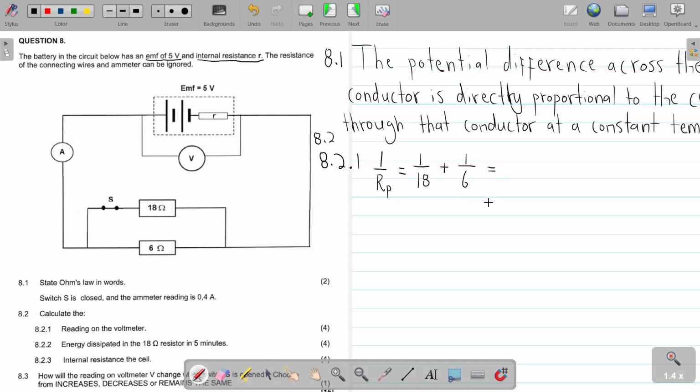So this will give us 2 over 9. So this is 1 over Rp. If we want Rp, we take the reciprocal, so it becomes upside down. So Rp will then be equal to 9 over 2, which is equal to 4.5 ohms.